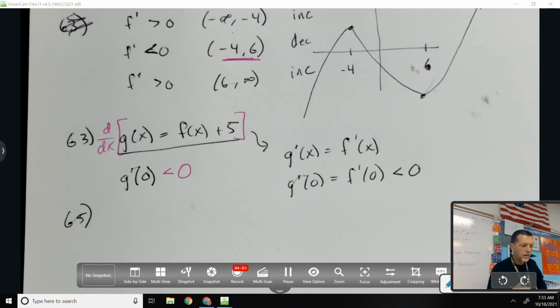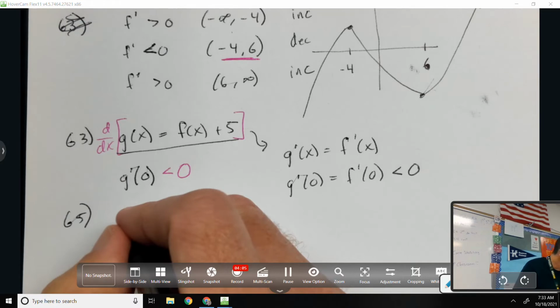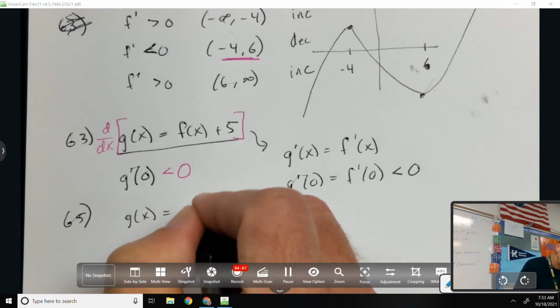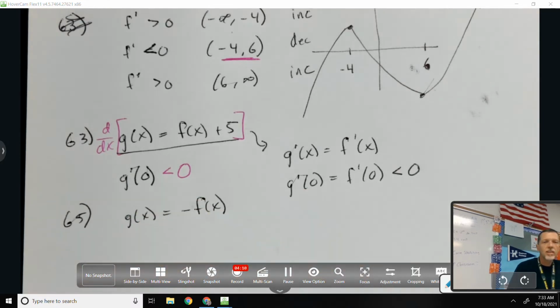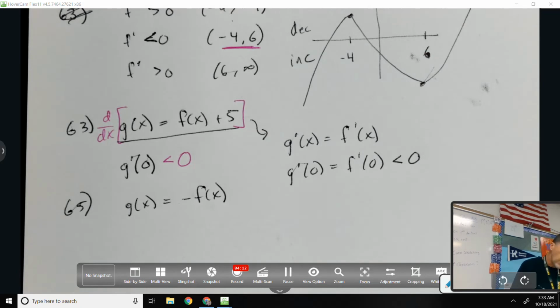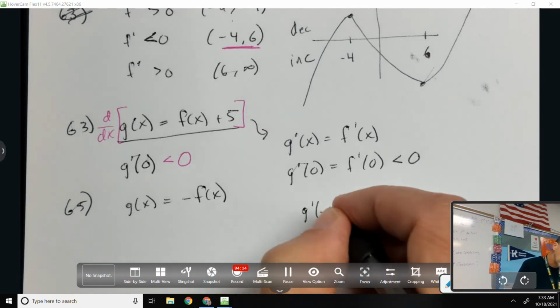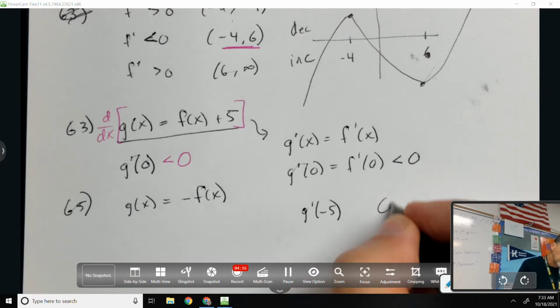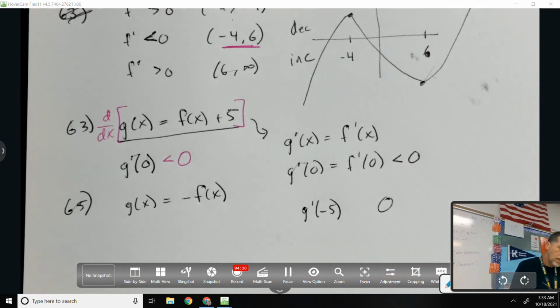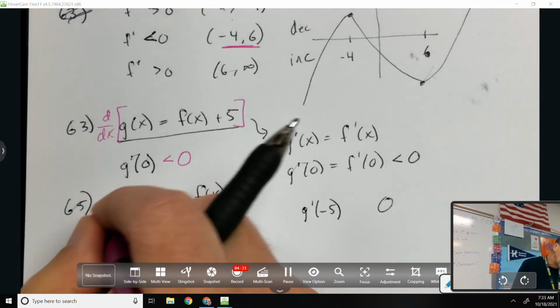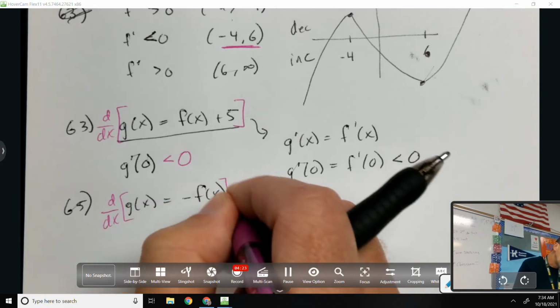Okay. Let's do 65. G of x equals negative f of x. And we want g prime of -5. Or at least, how does that relate to 0? So we take the derivative of both sides to make g prime show up.